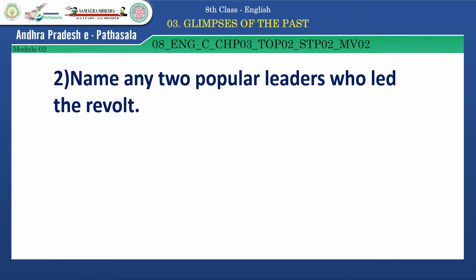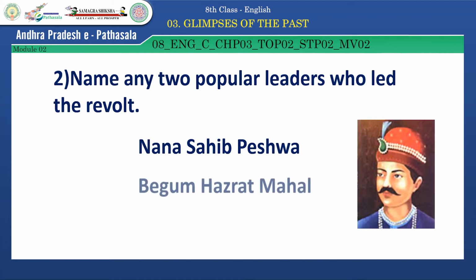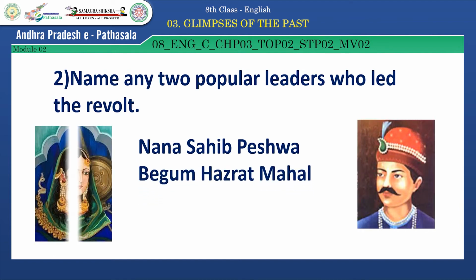Your next question on the screen. Name any two popular leaders who led the revolt. Who is ready with the answers? Very good. Nana Sahib Peshwa and Begum Hazrat Mahal. Well done.